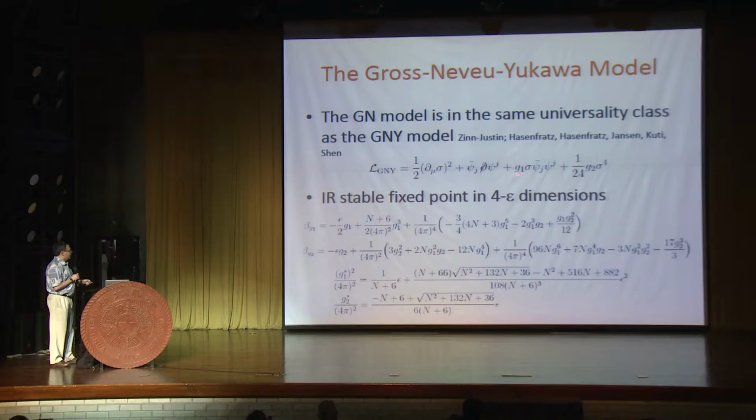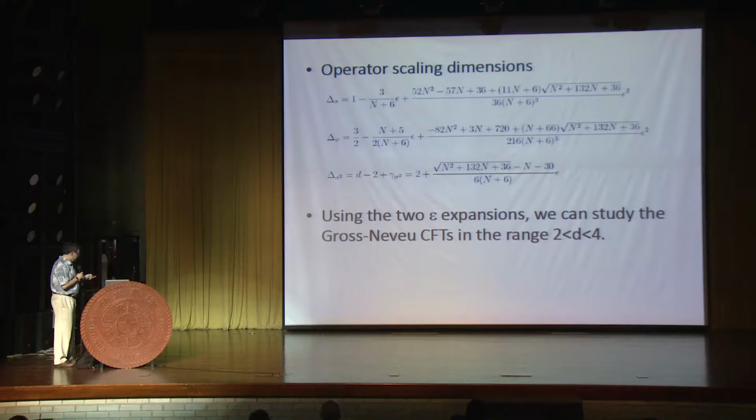Now there are 2 couplings, the Yukawa coupling and the quartic coupling, and you have to work harder to get these coupled beta functions. You get, again, nice formulas. I just wrote a couple of terms. So to get this term, you need 1 loop, so this is the 1 loop beta function, this is the 2 loop, and you get these relations involving these complicated looking square roots and stuff like that. And you can similarly find the scaling dimensions by computing the dimensions and then setting G to G star.